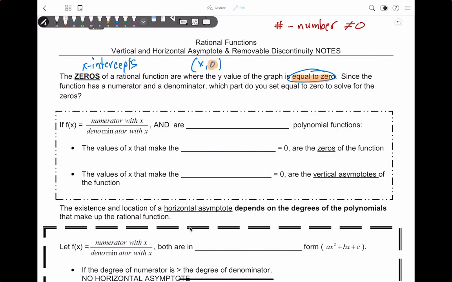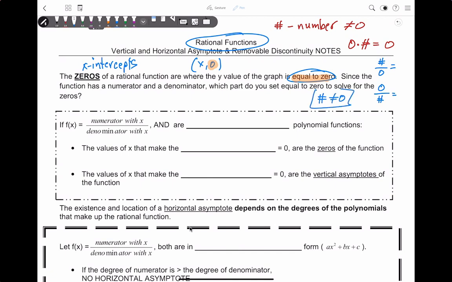Okay, so when we take 0 times any number that's not 0, we're going to get 0. But with this rational functions unit, something that we have to think about is what does a number, again, that's not 0, divided by 0 give us? Or flip-flop, what is 0 divided by a number, again, where this number is not equal to 0?